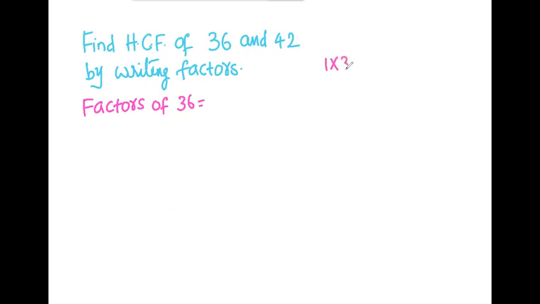1 times 36. Now take 2. 2 times 18 is 36. Take 3. 3 times 12 is 36. Take 4. 4 times 9 is 36. 5 does not divide. 6 divides. 6 times 6 is 36. 7 and 8 do not divide. 9 divides. 9 times 4 is 36.